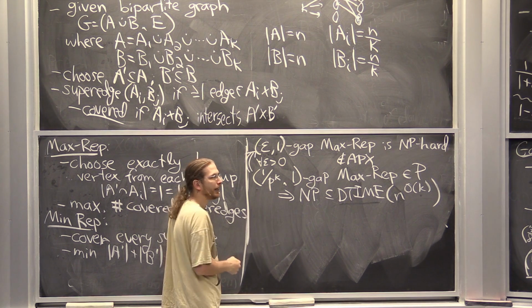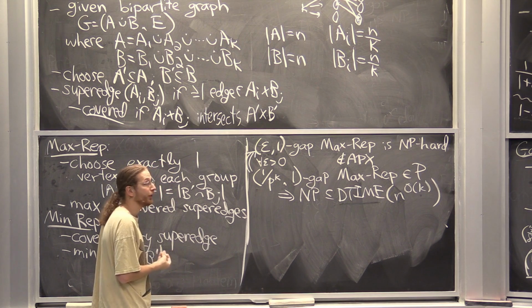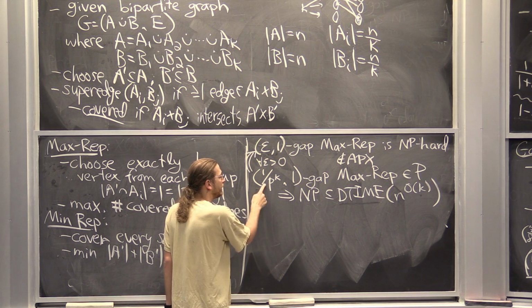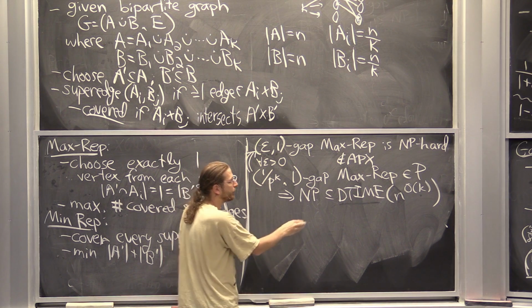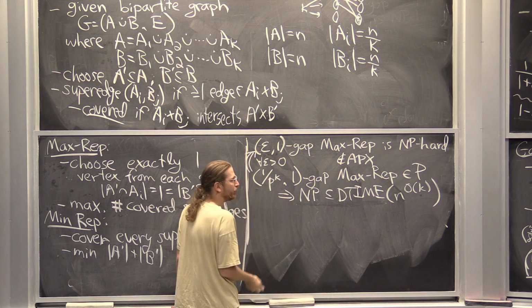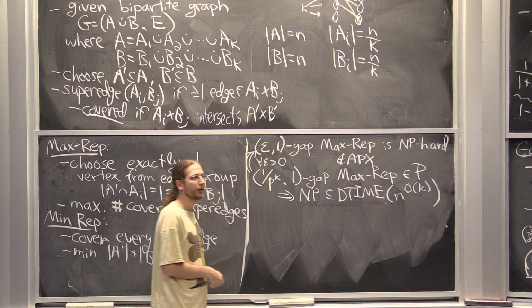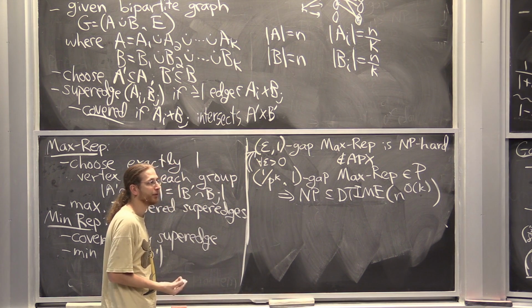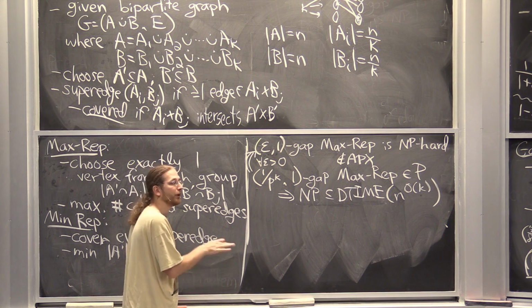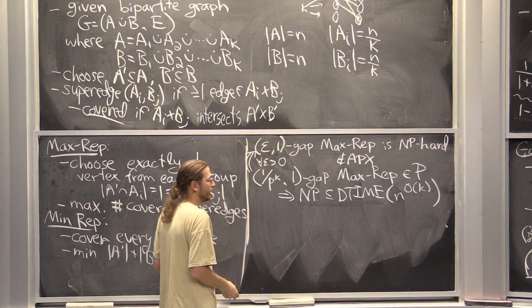But if we let k get bigger than a constant, like log n or something, then we get some separation, well, we get a somewhat weaker statement here. We know if P does not equal NP, we know that NP is not contained in P. But if we furthermore assume that NP doesn't have sub-exponential solutions, then we get various gap bounds and inapproximability on max rep.